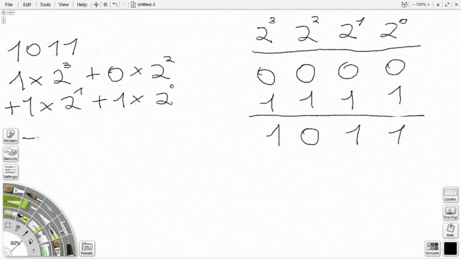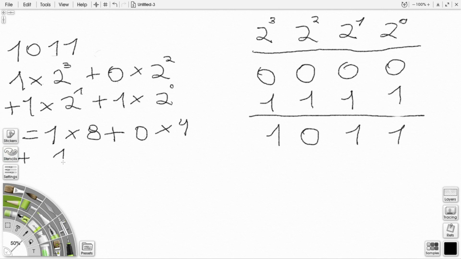This is going to be equal to, guys, 1 times 2 to the cube, right? It's 2 times 2 times 2, 8, plus 0 times, what is 2 to the square? 4. Do you agree? 0 times 4, plus, what is 2 to the power of 1?